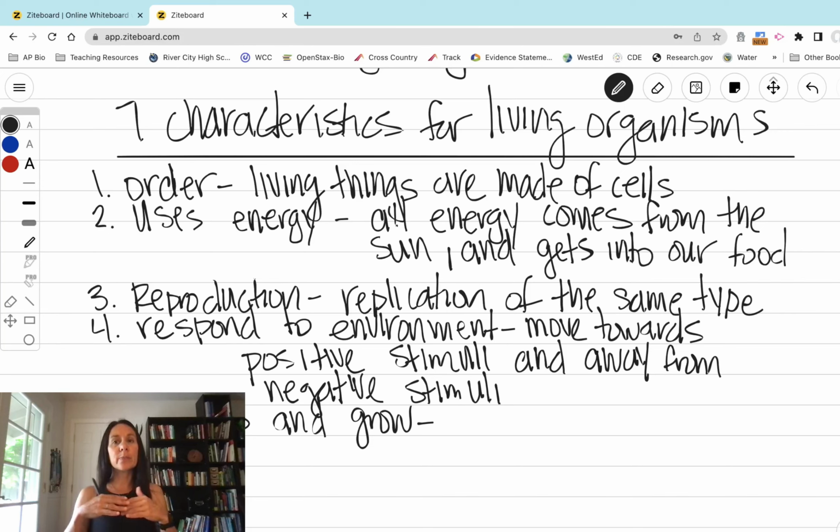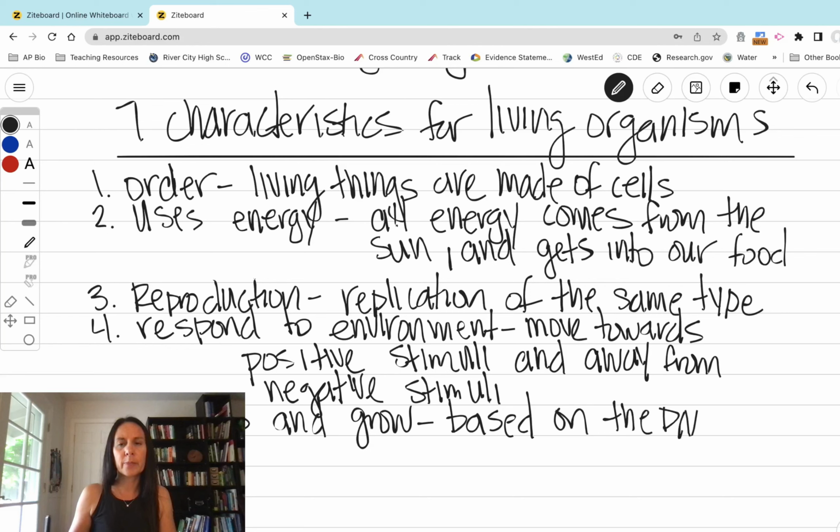And when that organism is born, it has a certain set of genes in that DNA, and it can't change those genes. That's the genes it got. But according to those genes, it's going to develop and grow in a certain, very specific way. So based on the DNA, okay, and I'm going to put in parentheses genes, an organism will develop and grow in a very specific way.